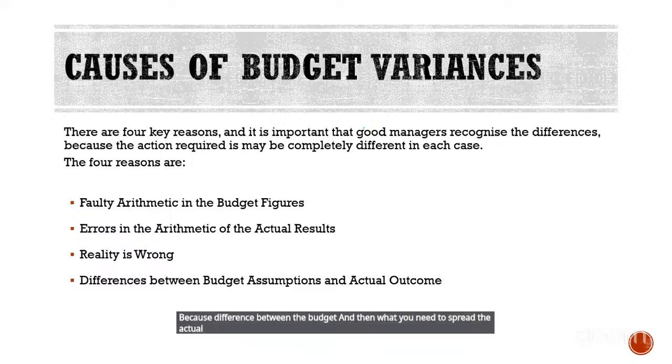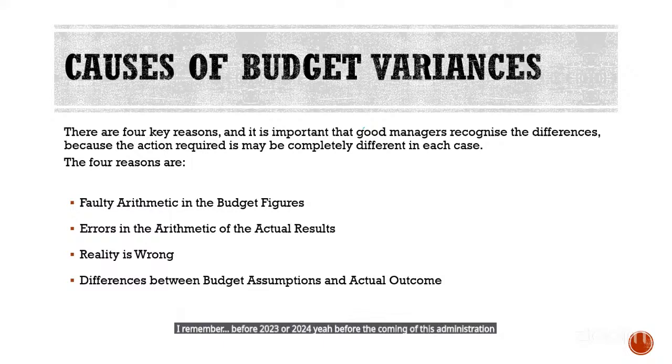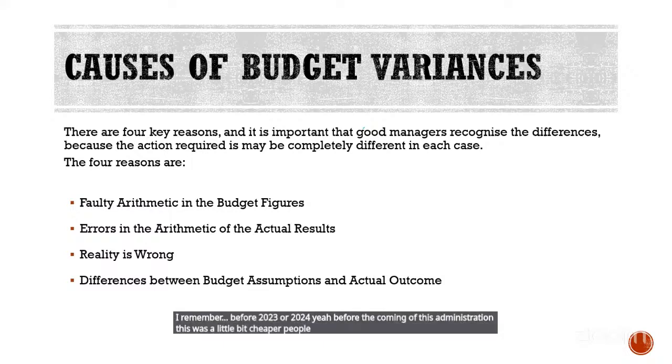Then reality is wrong. Maybe what you predicted or your projection is wrong. I remember before 2023 or 2024, before the coming of this administration, things were a little bit cheaper. People prepared budgets for the year, and then suddenly, with the removal of fuel subsidy, everything changed.